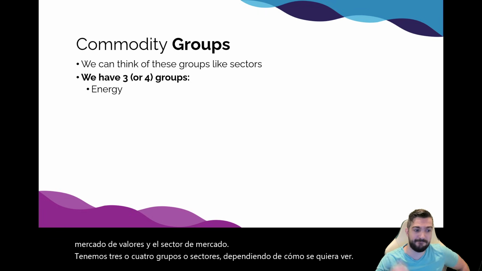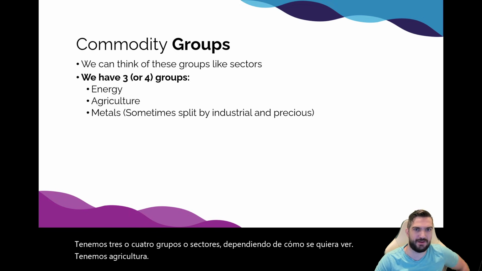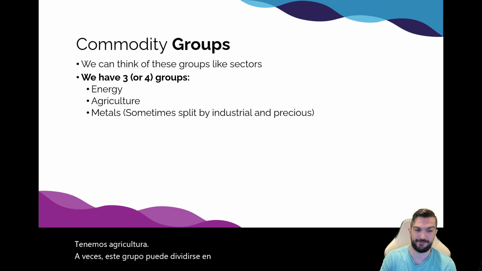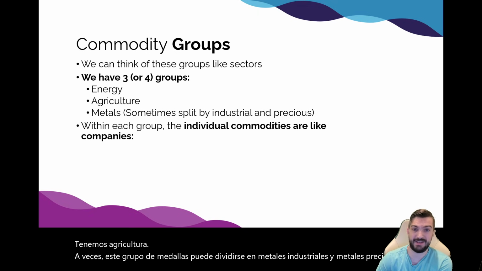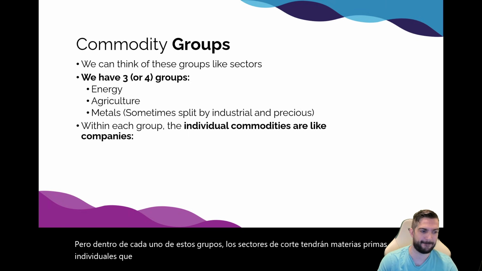We have energy, we have agriculture, and we have metals. Sometimes this group metals can be split up to industrial metals and precious metals. But within each one of these groups / sectors, we'll have individual commodities that we can think of like companies.